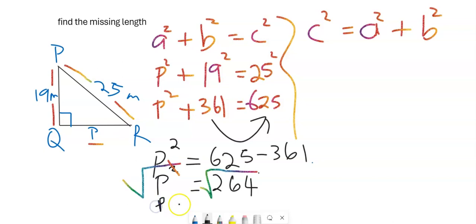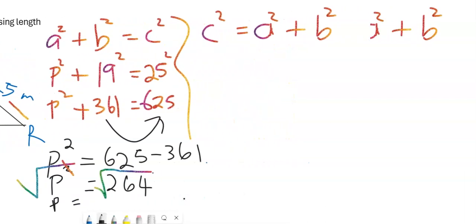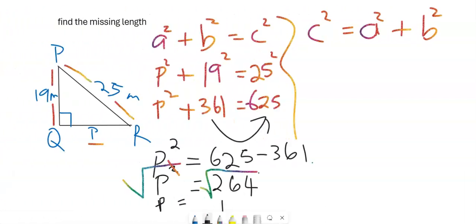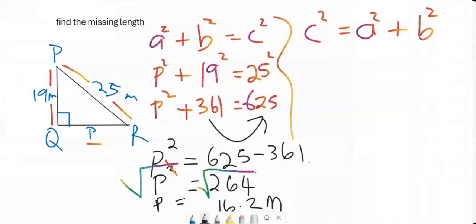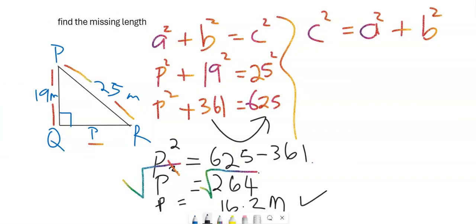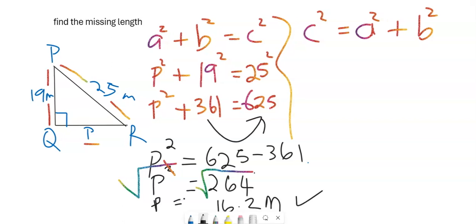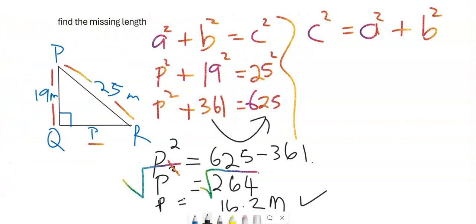So p is equal to the square root of 264, which is 16.2 meters. And this is the answer rounded to one decimal place, 16.2 meters. So observe, when you have the longest side, which is c, you end up subtracting. Alright, when you have the longest side, you end up subtracting.